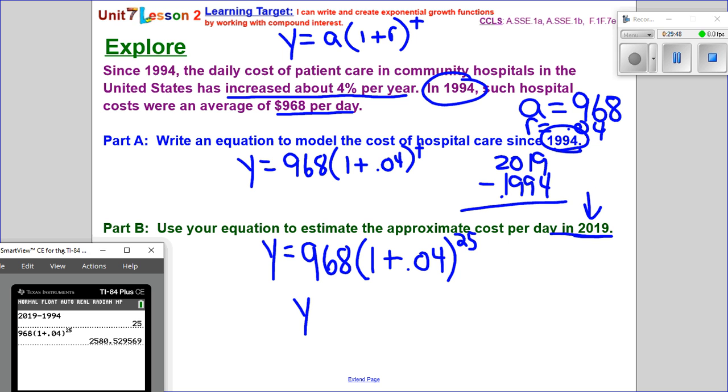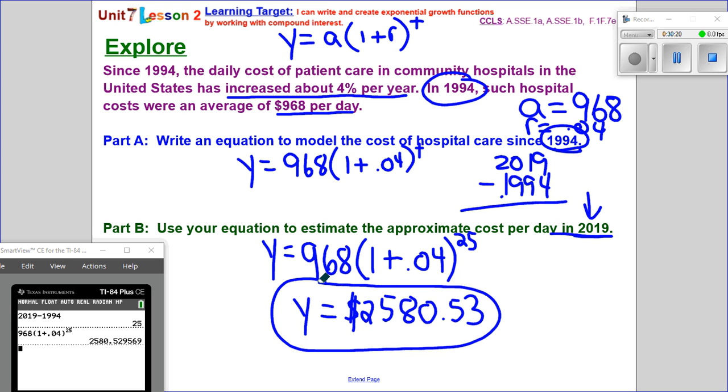It started out as 968, but now it's up to 2,580.53. That's it.